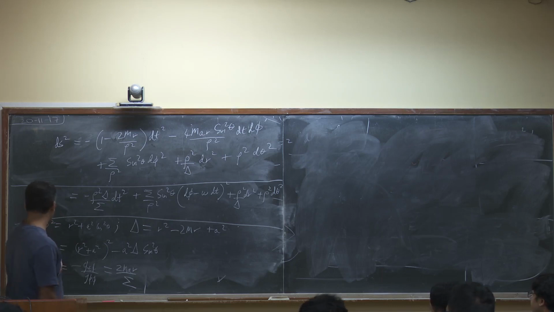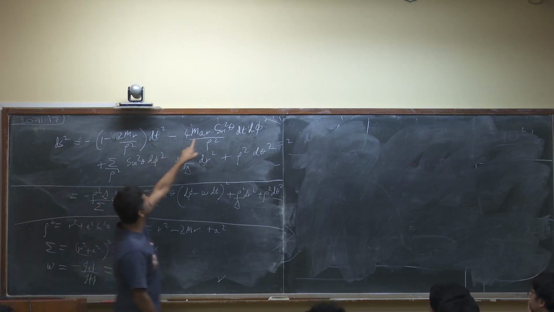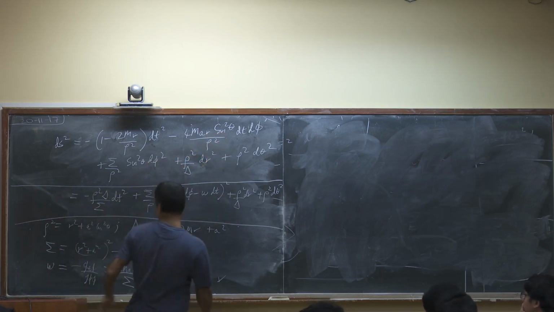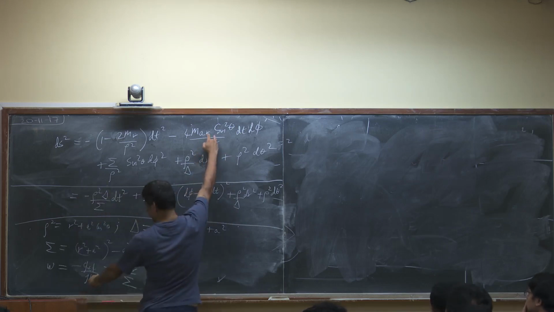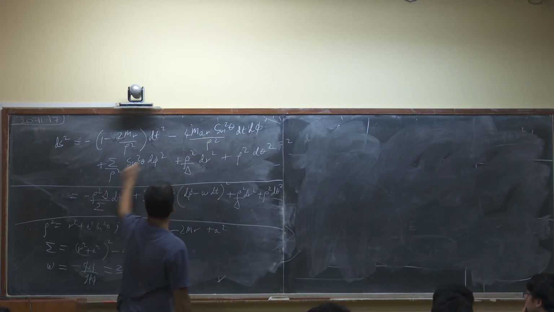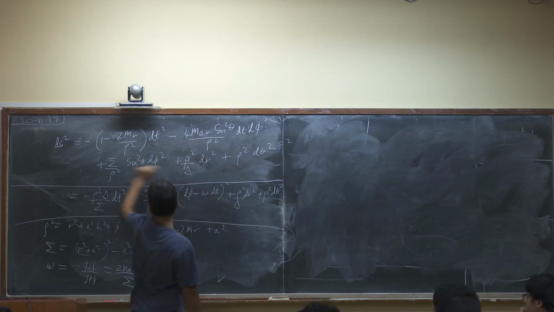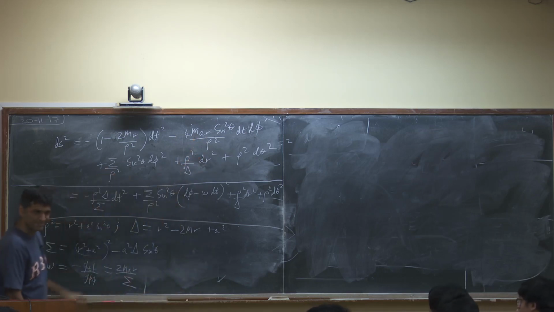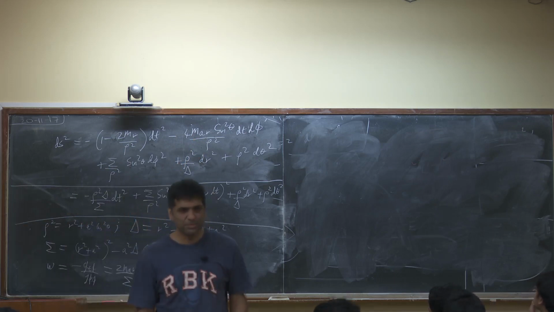For instance, if you wanted to check that this was true, it would be easy from here. g t phi is this quantity. g phi phi is this quantity. The sine squared thetas cancel. The rho squareds cancel. You get 2mar divided by sigma. Most of the things here are definitions.